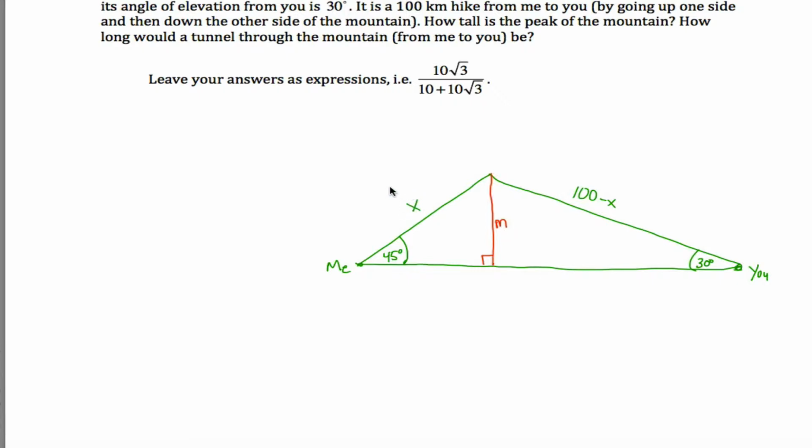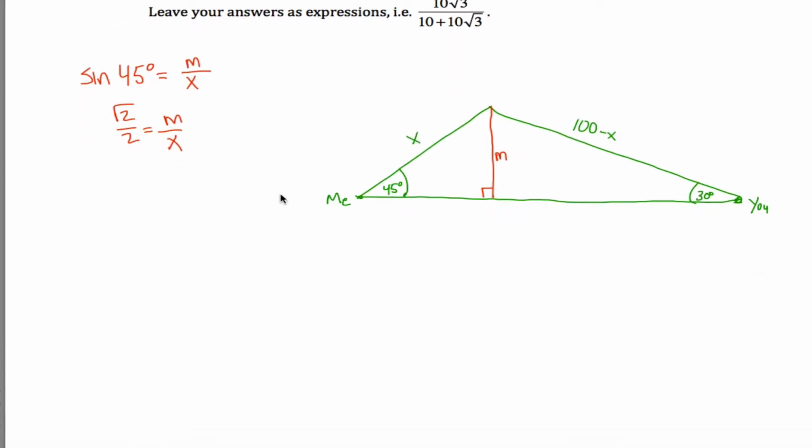You might get that from SOHCAHTOA, if that's one of those things you know. To say that the sine of 45 degrees must be equal to opposite, which is m in this case, divided by hypotenuse, which is x in this case. And from my unit circle, I know that the sine of 45 degrees is root 2 over 2. So really what this is telling me is that m divided by x has to be equal to root 2 over 2.